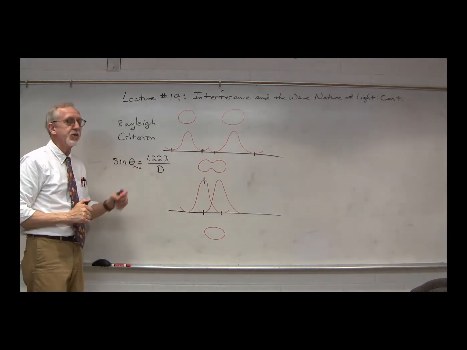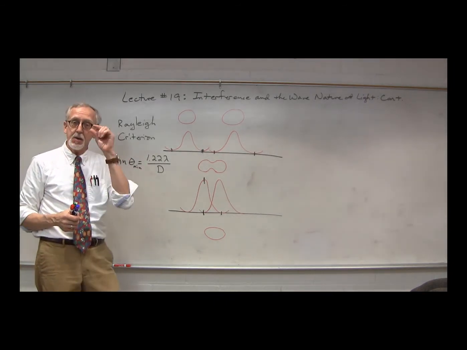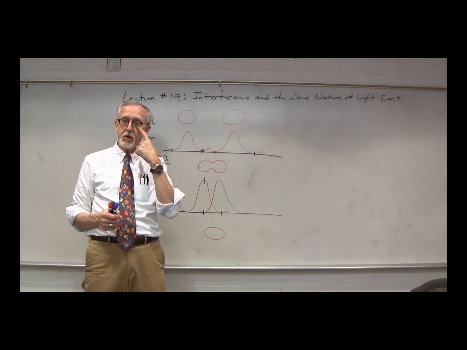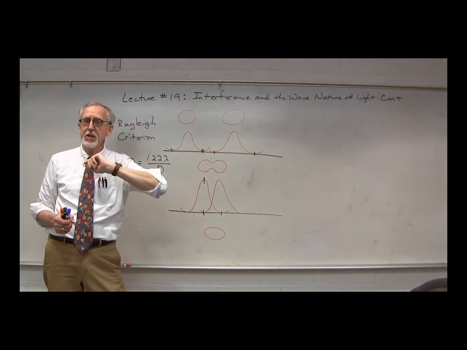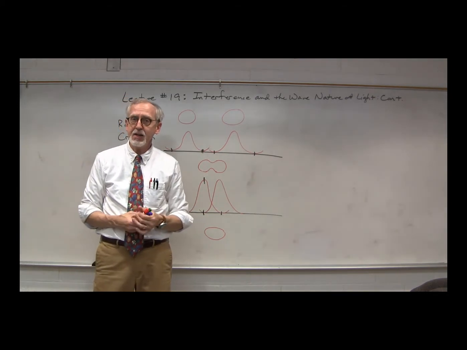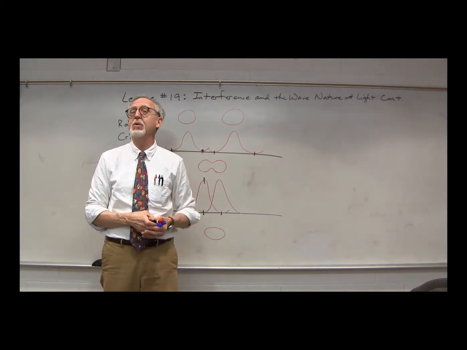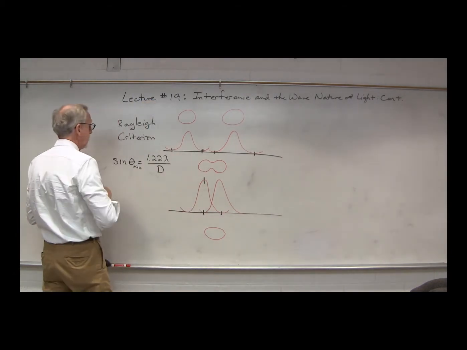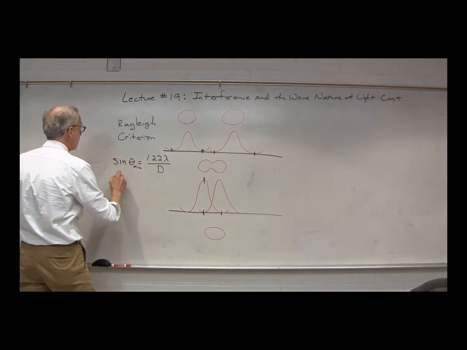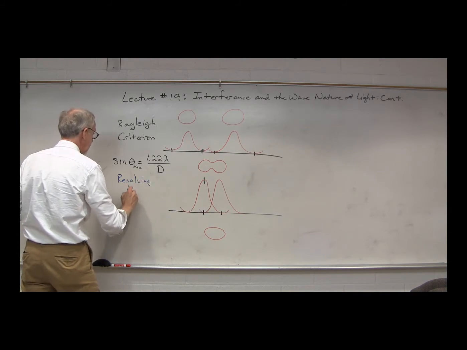Now, this can be used in all sorts of situations. It can be used with the naked eye if you're talking about the size of the pupil of your eye. How close can two things be, say, and you're trying to distinguish them as two objects? How well can you resolve things? So you might think of this as the resolving limit.